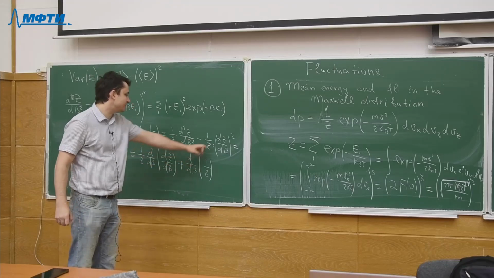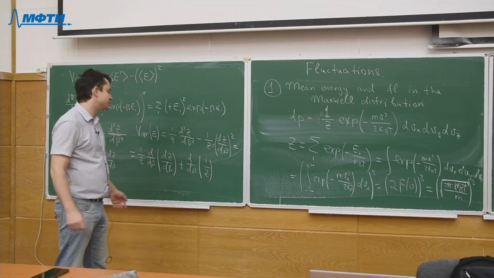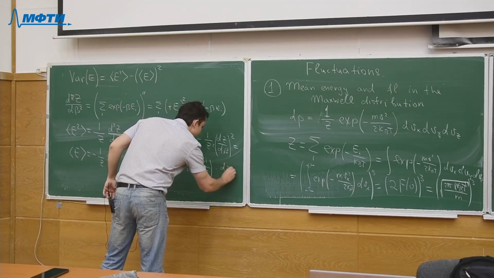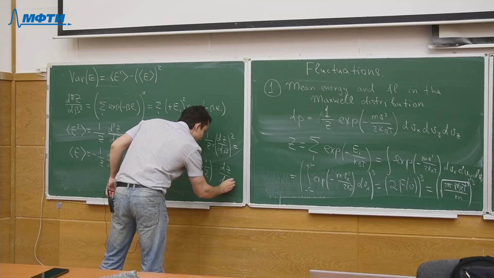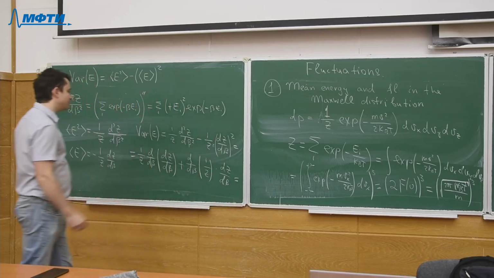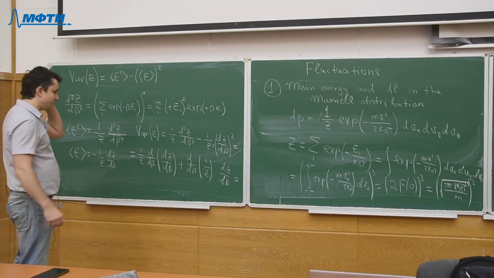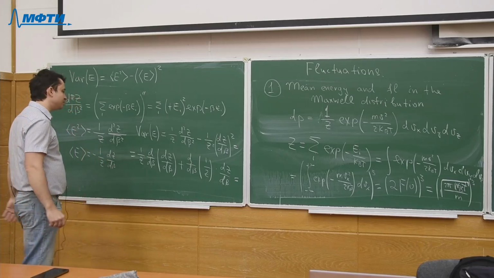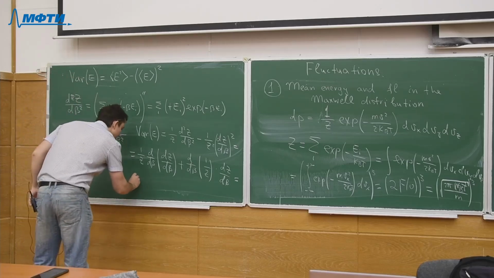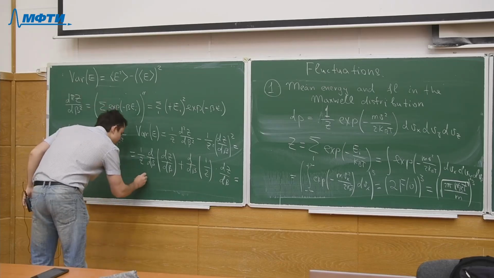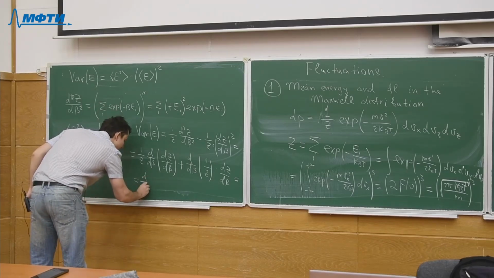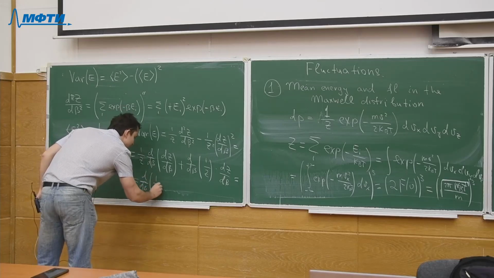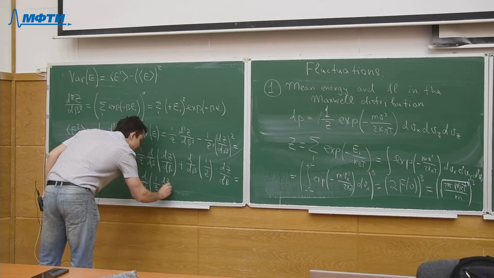But I have dz over d beta squared, so I should multiply this by dz over d beta. And at the very end, I see that this looks like the multiplication rule for derivatives. So I can write it as d over d beta of 1 over z times dz over d beta.